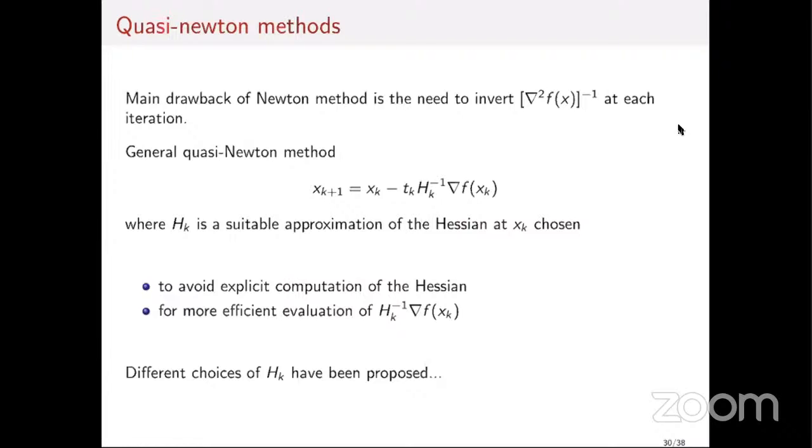A quasi-Newton method has a very similar structure to a Newton method, except that the Hessian matrix is replaced by some other matrix, which I call HK, an approximation of the Hessian. It is there to avoid explicit computation of the Hessian and, more importantly, to have more efficient evaluation of the inverse of HK times the gradient of f at xk.